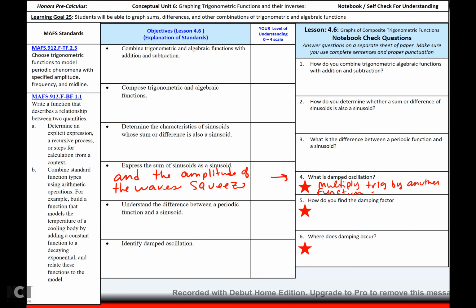That's a good word, I like that one. How do you find the damping factor? Well, if it does show damped oscillation, the damping factor is the function multiplied by the trig function.